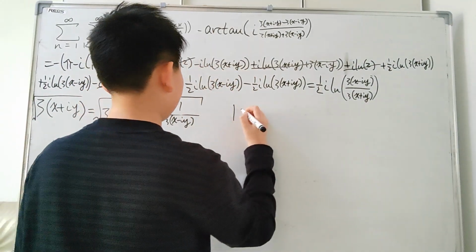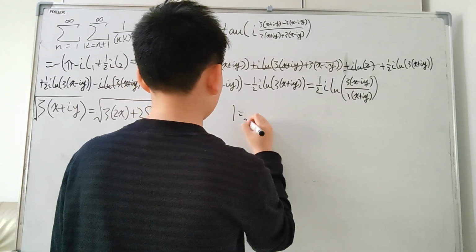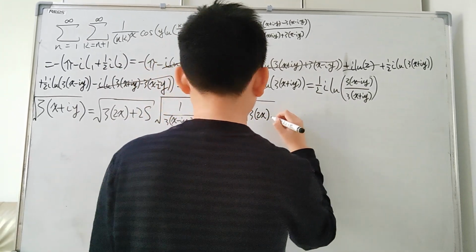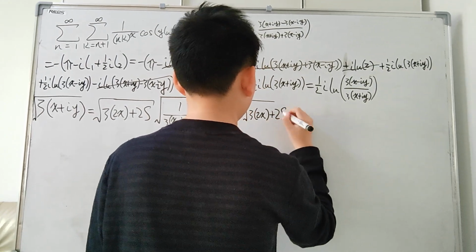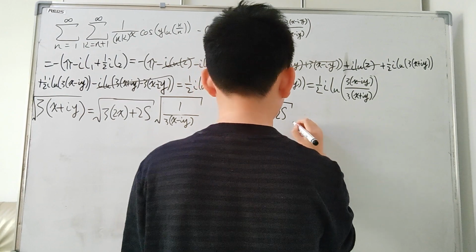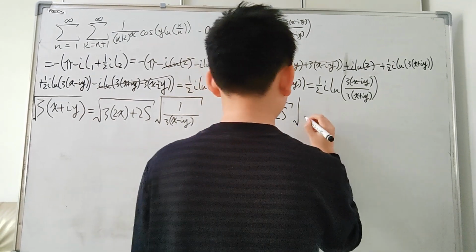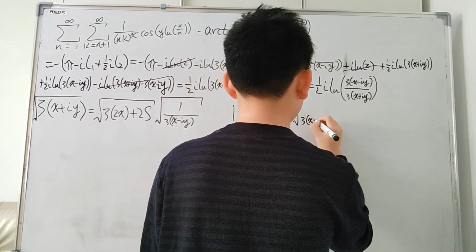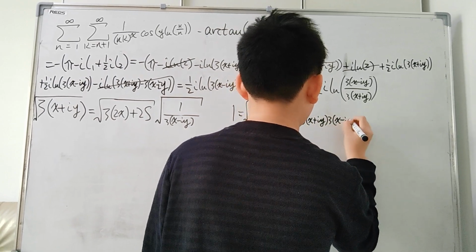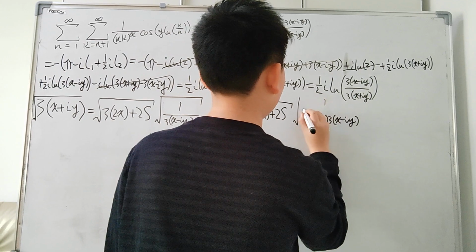So we have 1 is equal to the square root of zeta of 2x plus 2s, and then the square root of 1 over zeta of x plus iy, zeta of x minus iy, 1 over that.